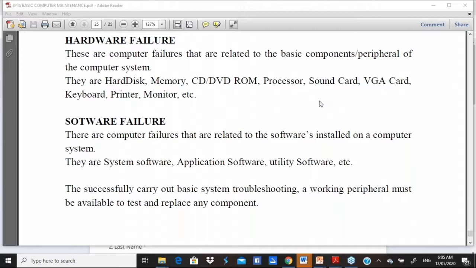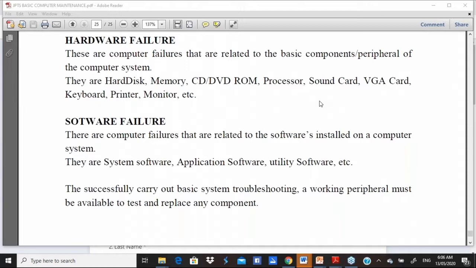Now, in troubleshooting, for you to successfully determine where the problem came from, especially when it comes to hardware failure, there is need for you to have a working basic hardware component, an extra that you know is working fine, so that you can replace the component that you may have suspected to be the cause of the failure.